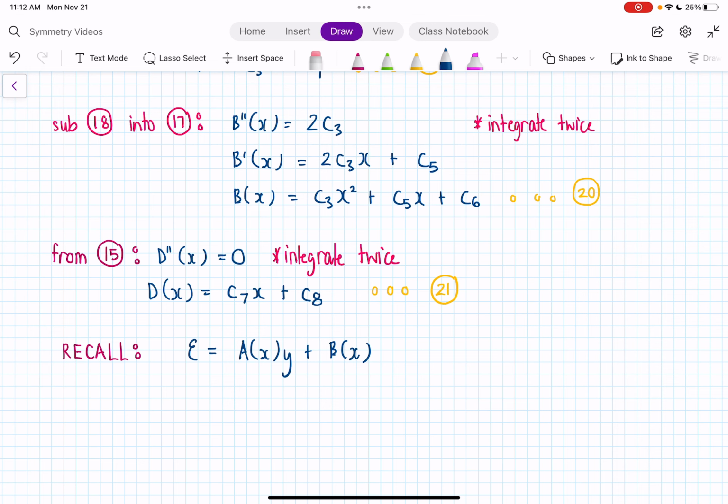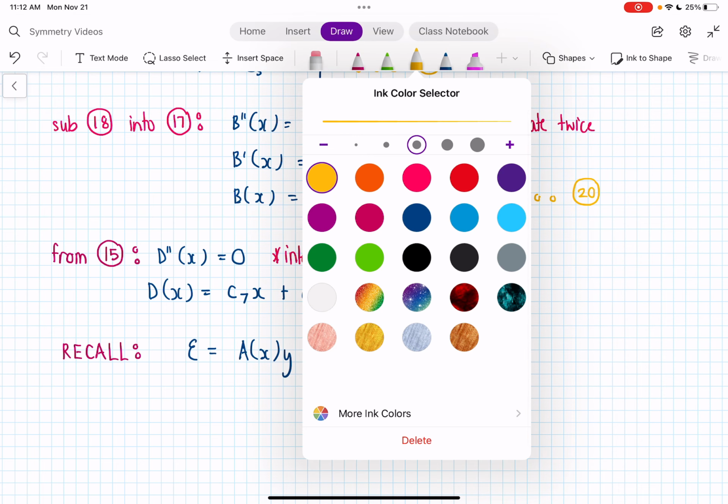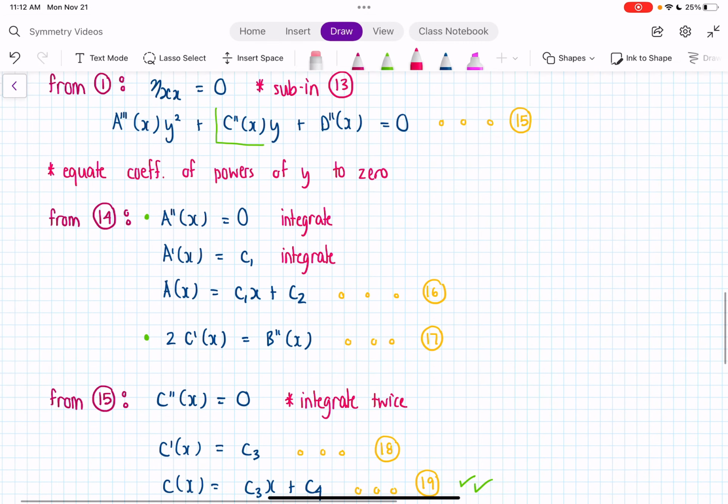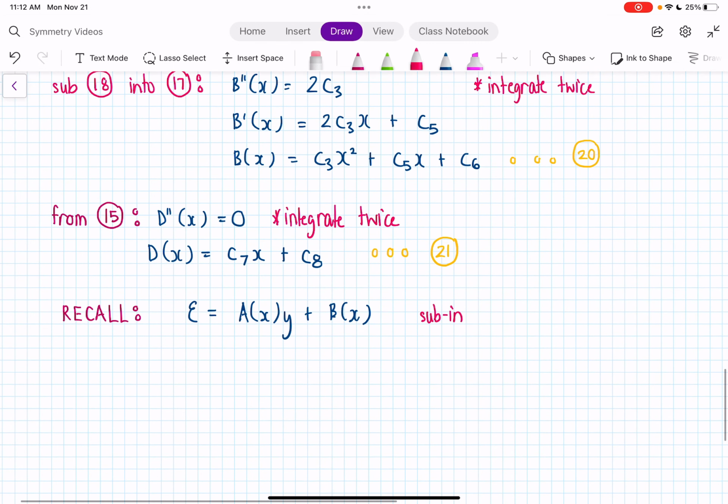So now if we make our substitution, we need to sub in a of x, which was our equation 16, and b of x, which was our equation 20. And we make that full substitution.